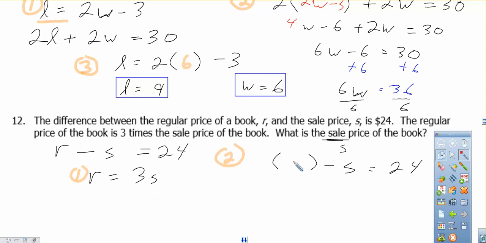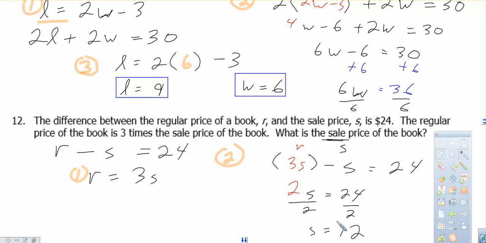In this case, we're going to plug in 3S, because that is what R was. So that becomes 2S. 2S equals 24. S equals 12. So the sale price is $12.